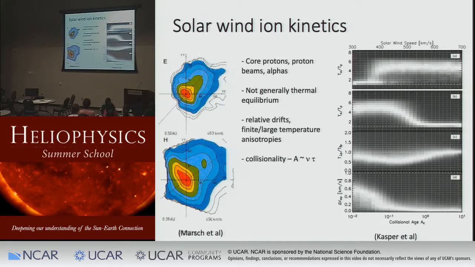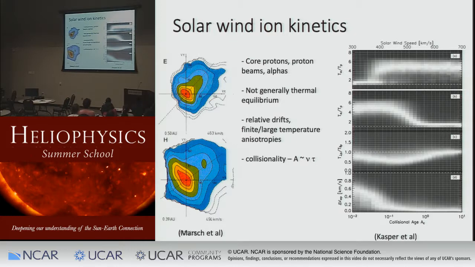The next panel down shows the same parameter, but now it's plotted as a function of this thing that I just erased, which on the bottom we call collisional age. This is the Coulomb collision frequency multiplied by the expansion time. So this is basically a measure of the number of Coulomb collisions that a parcel of plasma measured at 1 AU has experienced since it left the sun.